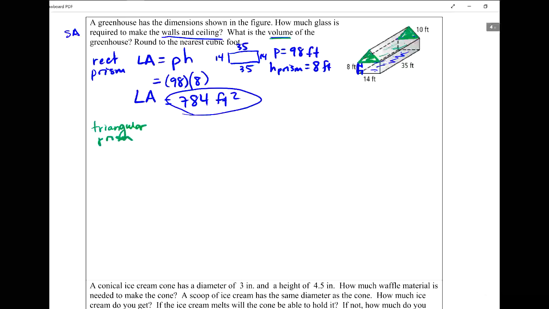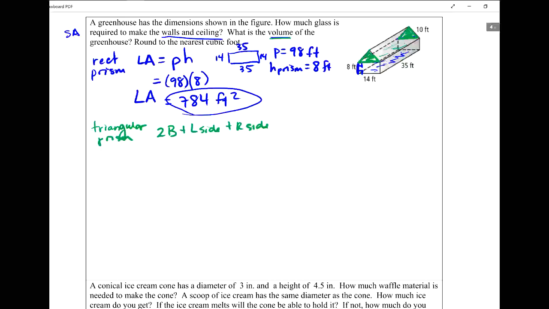So this one might be a little more difficult. This one we need 2 times the base plus the left side and the right side. We don't need the back side. So this one's going to take a little more work.